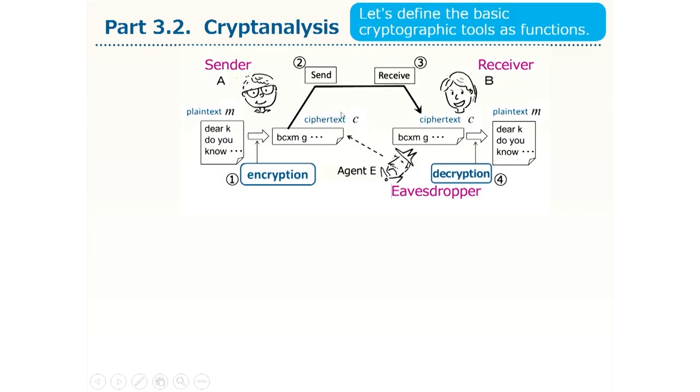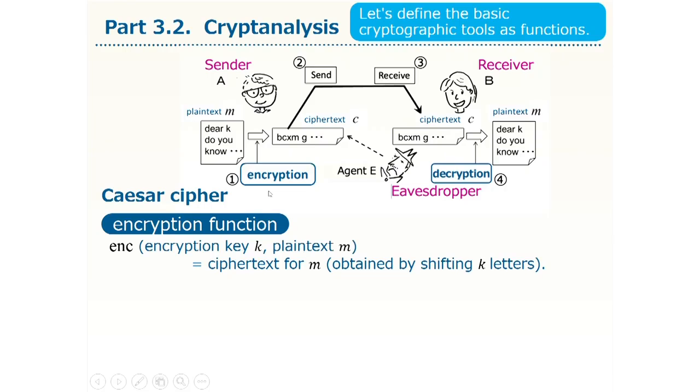Let's look at this basic flow in more detail. Considering this using functions should provide some clarity. As our example, let's consider the Caesar cipher and discuss what kind of functions are needed here. First, we need a function for encryption. Let's name it enc, E-N-C.